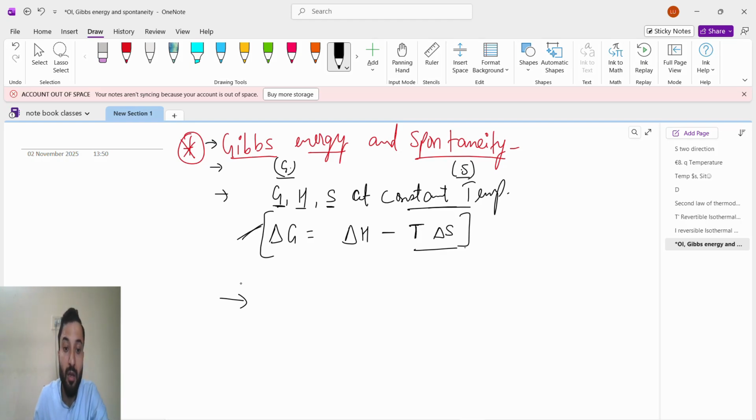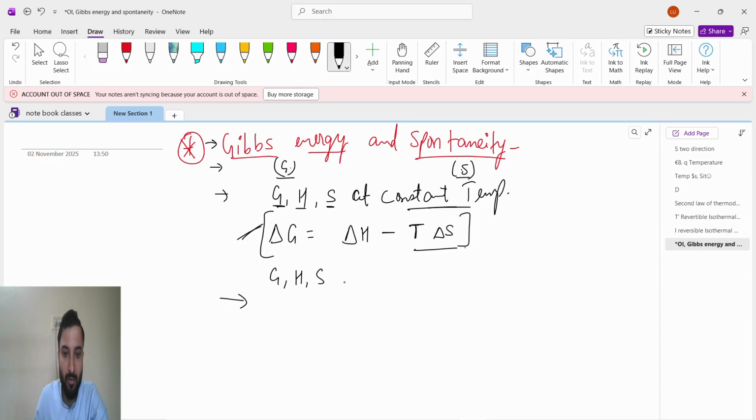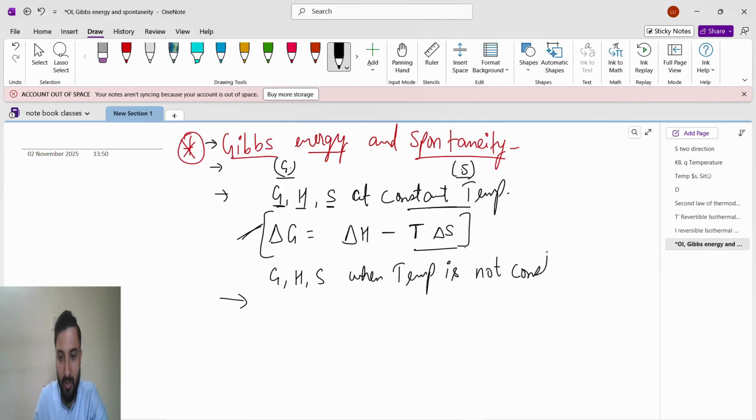Suppose they ask for the relationship between Gibbs energy, enthalpy and entropy when temperature is not constant.